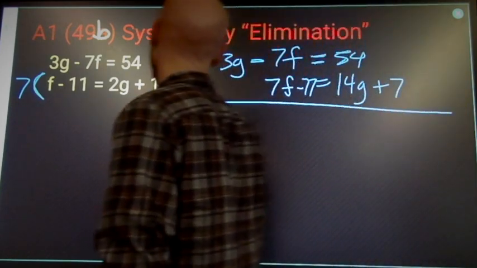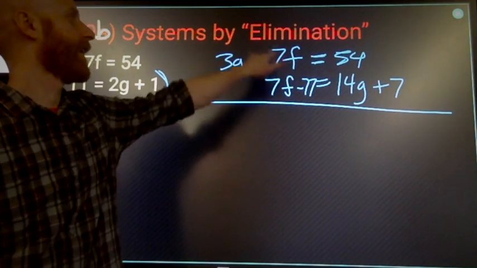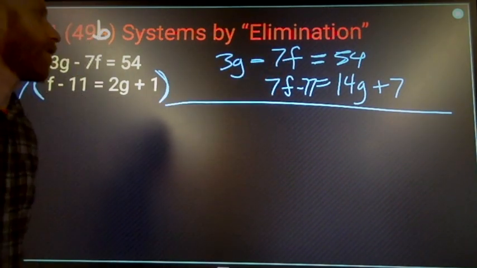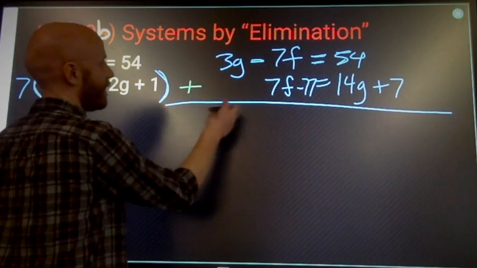All right. Now, we got opposites, -7 and +7, so we're going to add our second equation to our first equation.